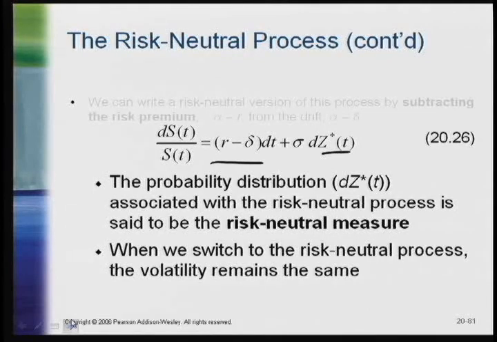And we'll find that the conclusion will be that, in fact, the new dz has a term in it that we've subtracted from the drift, but then we change the probabilities on that dz to make it Brownian motion. And this is very similar to what happens on a binomial lattice, where in the real world we might have a probability p, but to make things risk neutral we use probability p star.